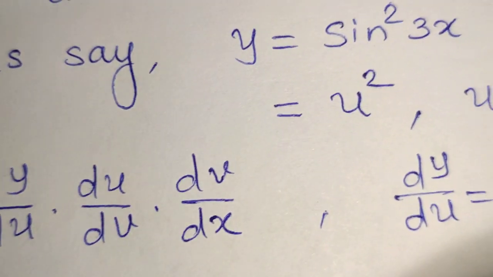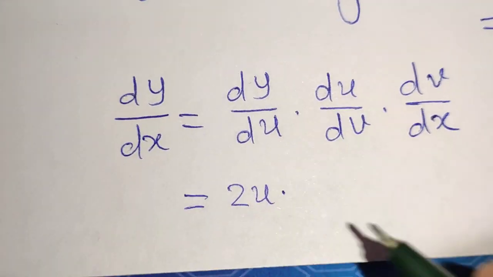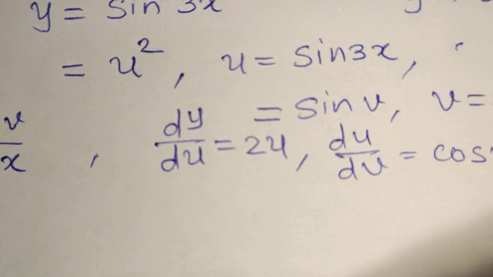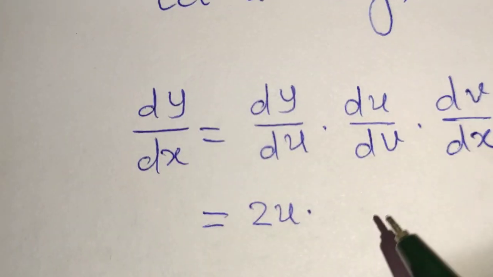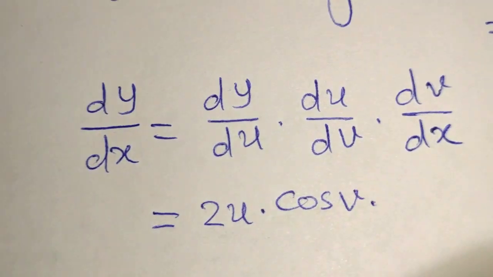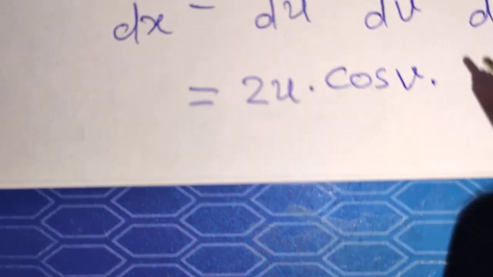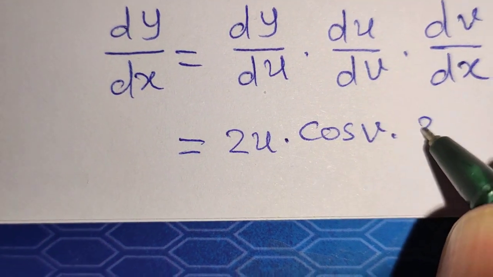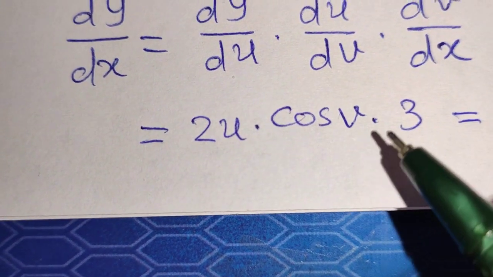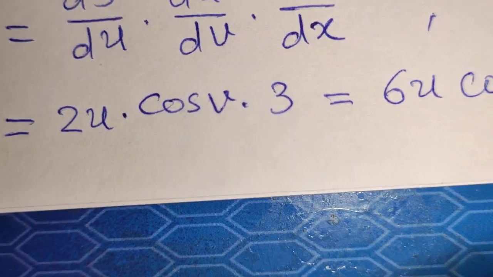The multiplication of all this will be put here. Dy by du, 2u, into du by dv, cos v, multiplied by dv by dx, which was 3. So this multiplied by 3, so 3 into 2, 6u cos v.